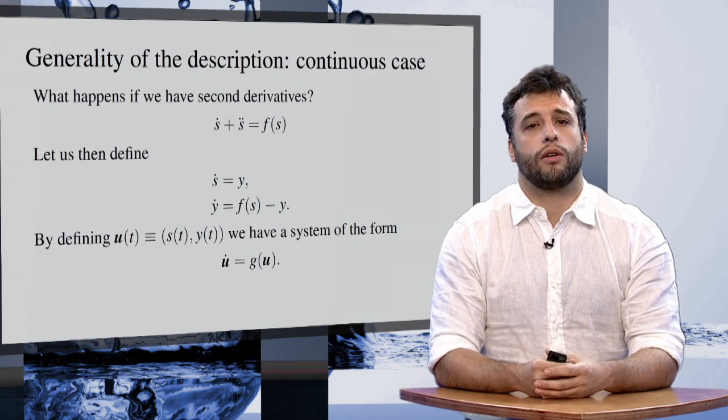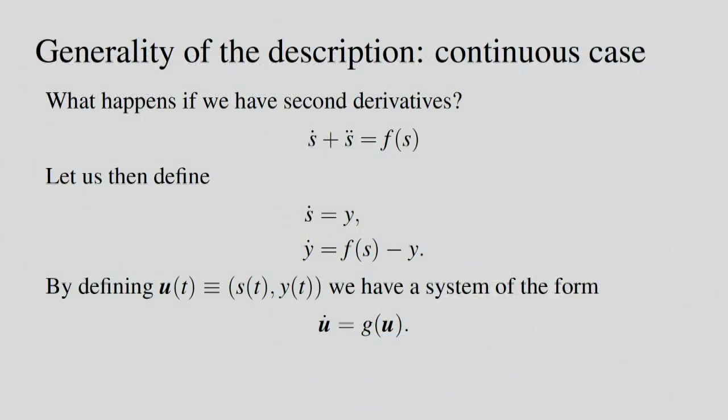In the first equation of the slide, you see that on the left side we have the first derivative of S plus the second derivative of S, which is equal to some function of S. Now, is this equation equivalent to what we saw in the previous slide? I think we can make it look exactly the same by just adding an extra variable.